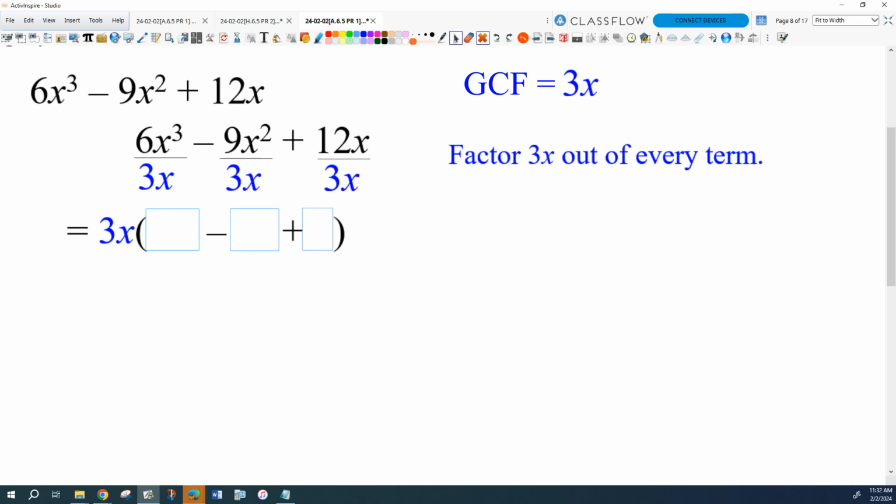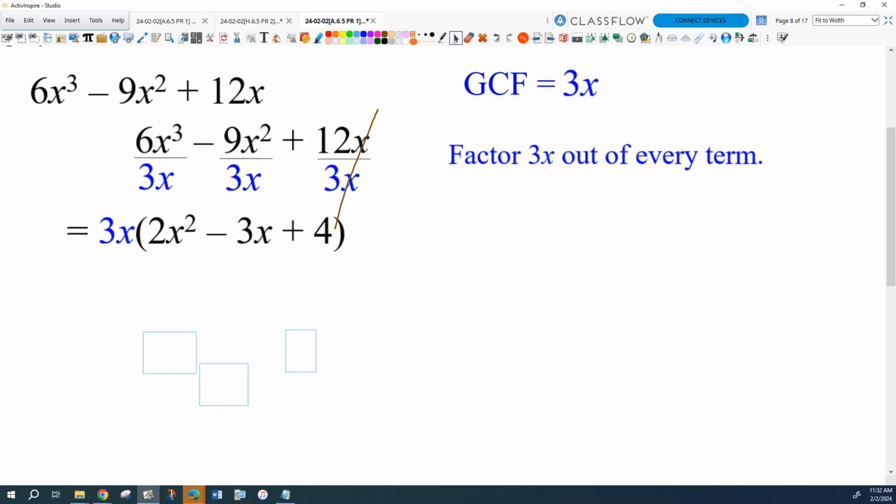If I take the 6x cubed and divide that by 3x, 6 over 3 is 2, and x cubed over x is x squared. Negative 9 over 3 is negative 3. X squared over x is x. How about this one? The x's cancel. 12 over 3 is 4. Either way, doesn't matter. They do the same thing.